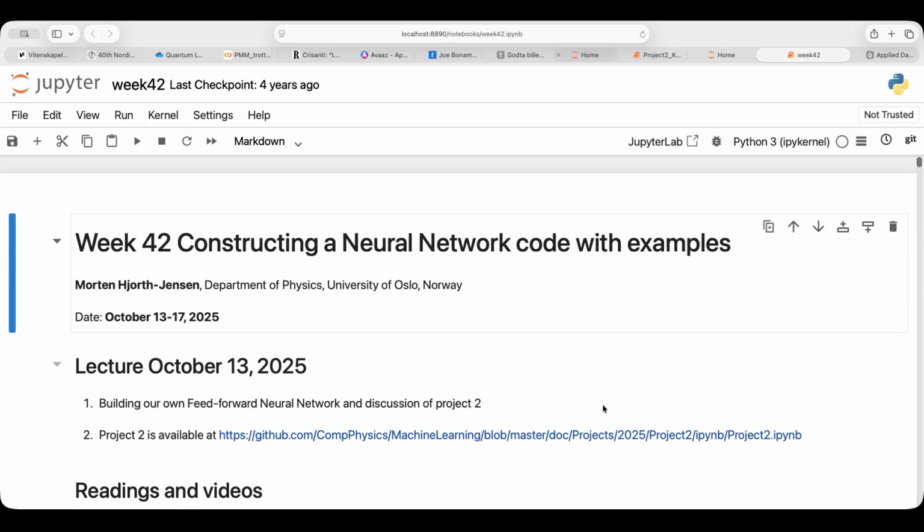Then you optimize at the endpoint the cost function with the output of the network. Then you use the chain rule for derivatives to find the gradients. That is the back propagation algorithm, which essentially is you finding the gradients.